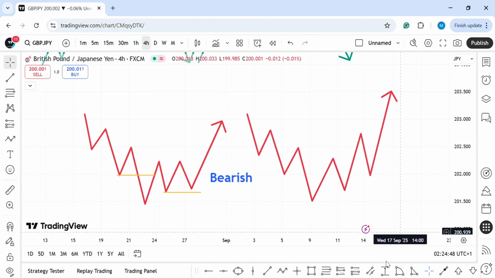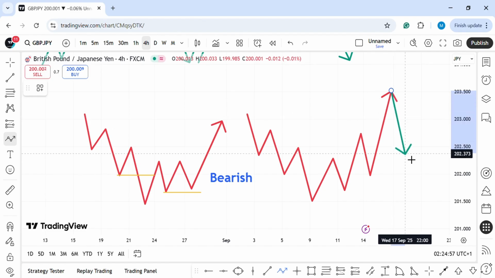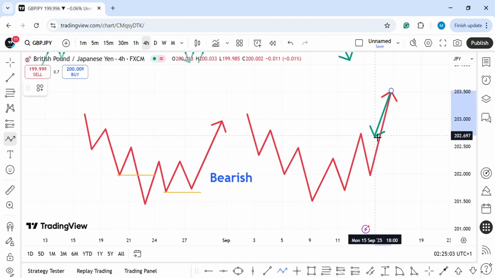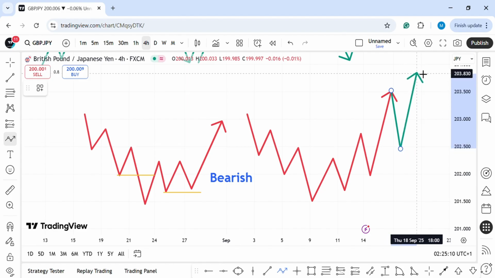So that gives you a clear direction that the market is pushing to the upside. So the next thing you should be waiting for is a move that will come back to this origin that created this move that broke this high, and then wait for your Fibonacci 50% retracement level, and then boom to the upside.